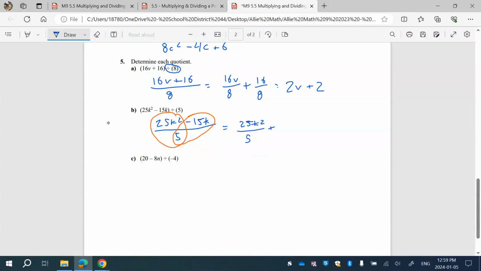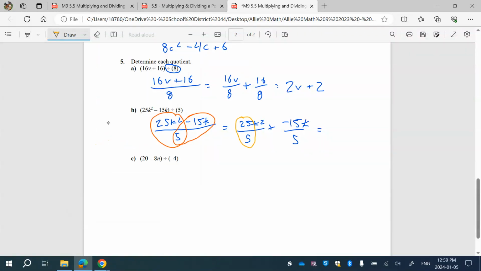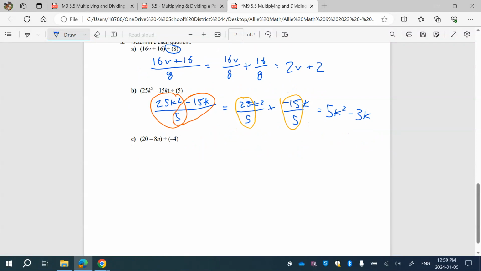I'm going to do it as plus negative 15k over 5. And then we can just reduce. So we have right here 25 divided by 5 and negative 15 divided by 5. So that would be 5k squared and subtract 3k. Okay, so 25 divided by 5 is 5. Negative 15 divided by 5 is negative 3. That's where I'm getting those numbers from.